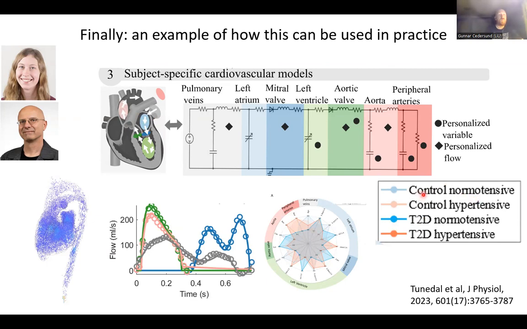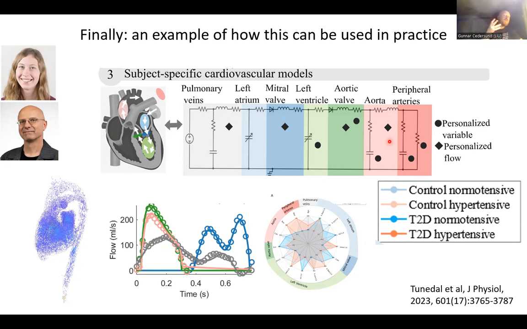So here we can compare people with normal blood pressure, with high blood pressure, and with type 2 diabetes and without type 2 diabetes. And you see that we can see these differences. And these are differences that we can identify because we combine this type of 4-dimensional flow data with this type of model that allows us to estimate parameters in the vessel system that we can't estimate in any other way.